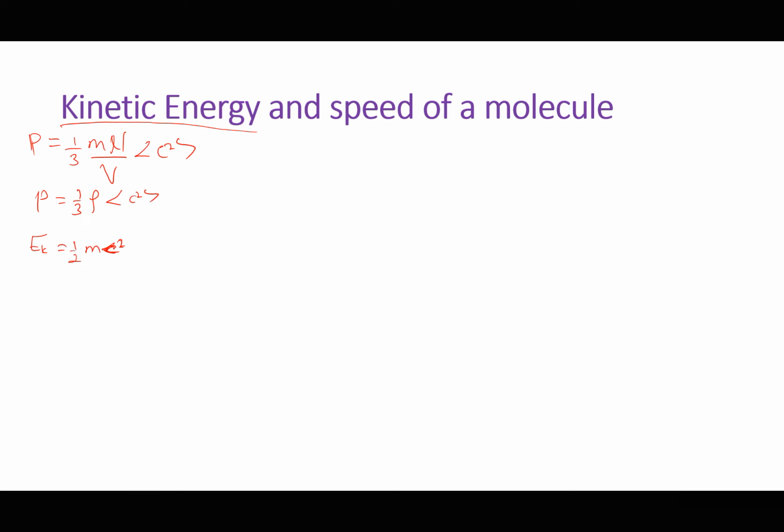So this is the kinetic energy of a single molecule. If you have a large number of molecules, you multiply this by N to get the total kinetic energy of the molecules which make up the gas.